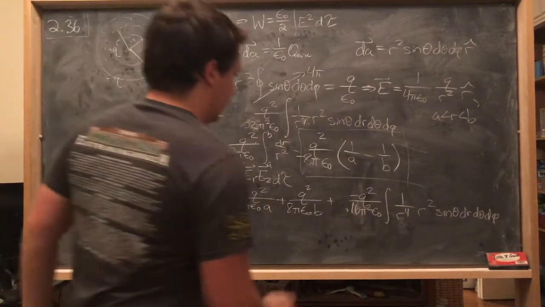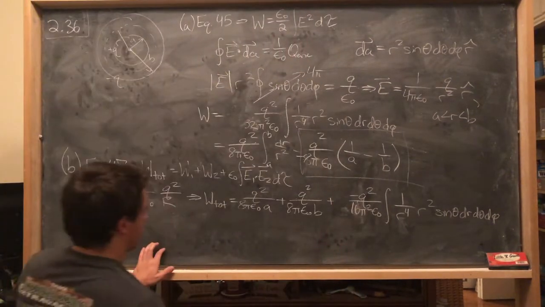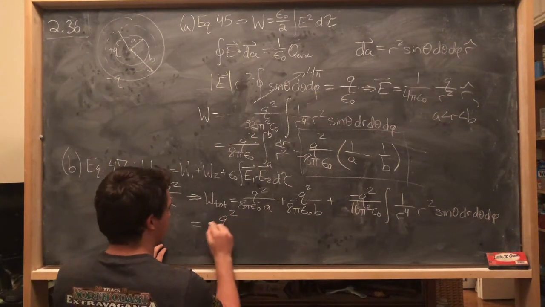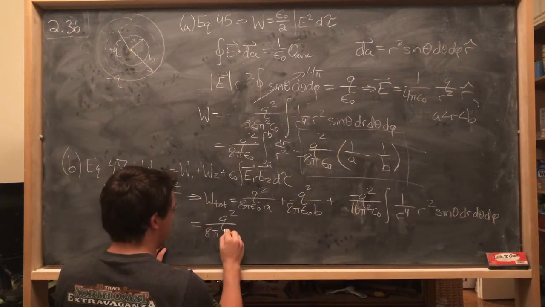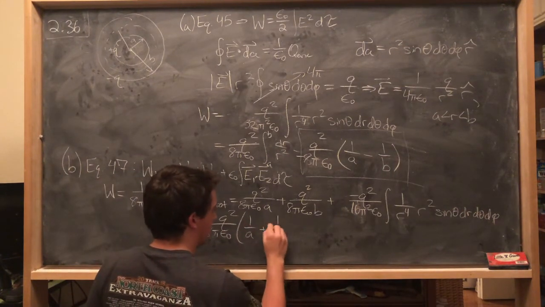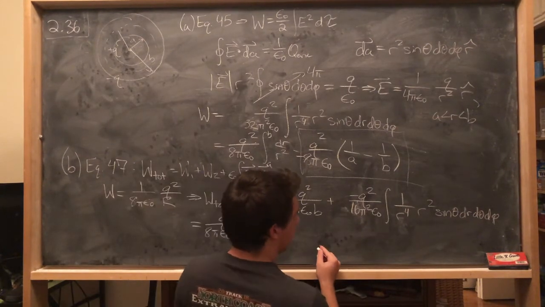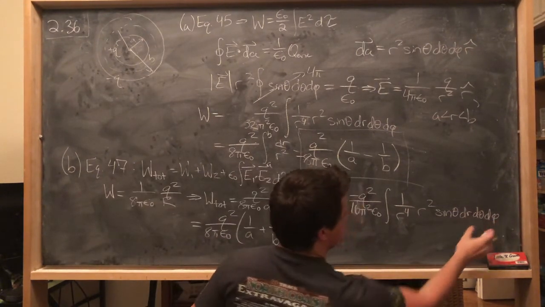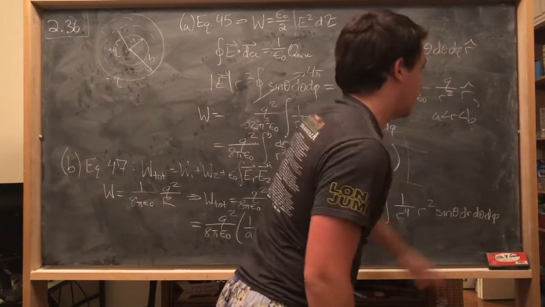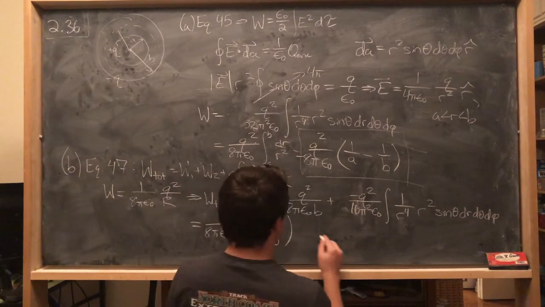Okay, great. So then we can bring out Q squared over 8 pi epsilon naught times 1 over A plus 1 over B. And then over here, again, our d theta terms, that is going to go to 4 pi as always, so we can bring the 4 pi out.